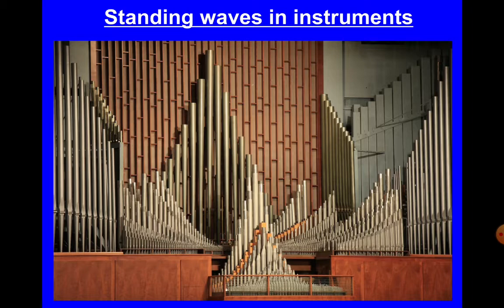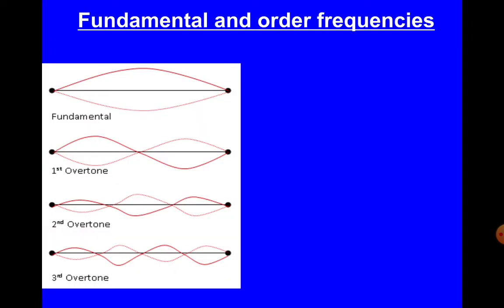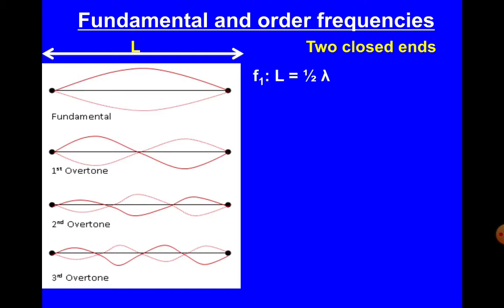Now let's look at standing waves in different instruments, and we're going to discuss some instruments with different types of ends. Okay, you know what this is? This is an organ they use in churches. Fundamental and overtone frequencies. Two closed ends. That means if we know the length, the length is equal to half lambda, as I explained in the slide before.